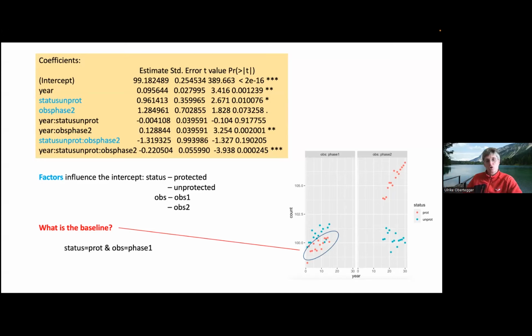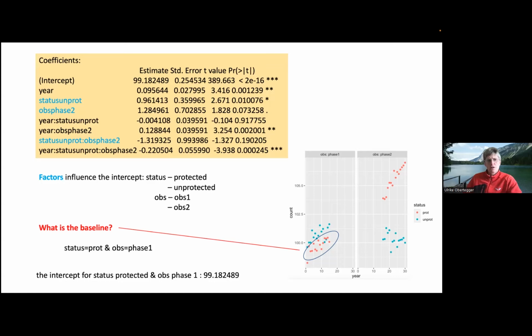These are the baseline data for the baseline model. The intercept that is reported as the intercept is the intercept for the baseline model with status protected and observation phase 1.